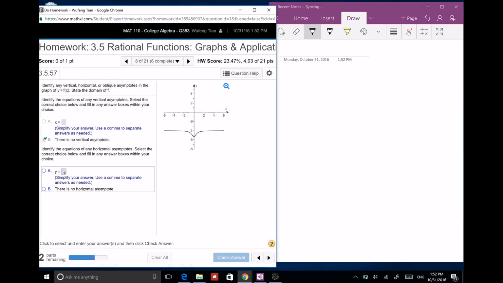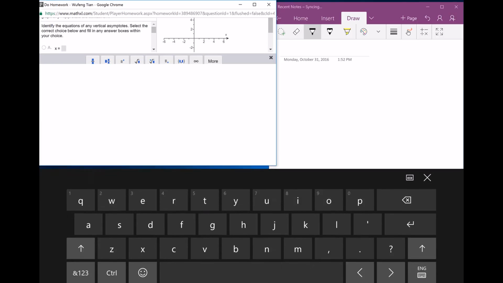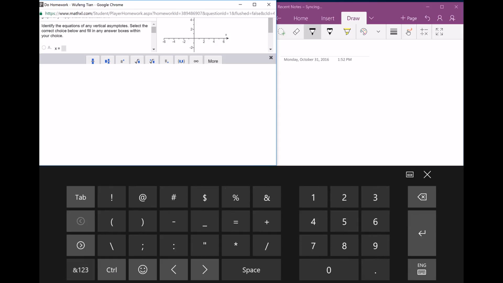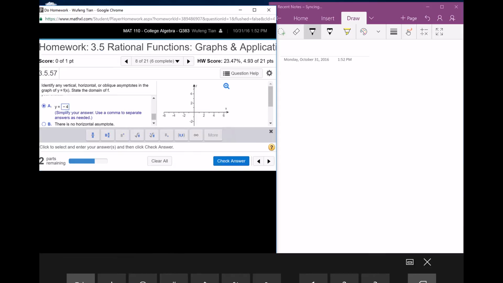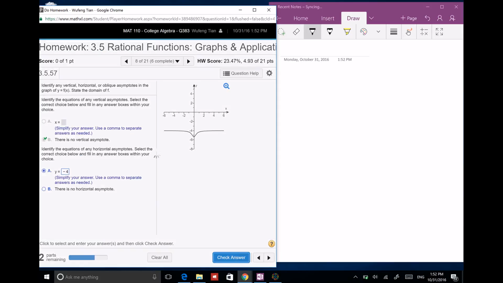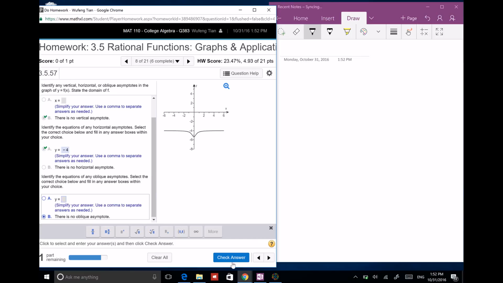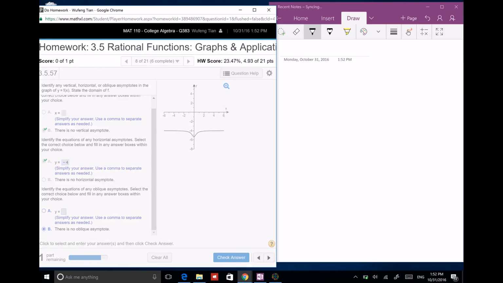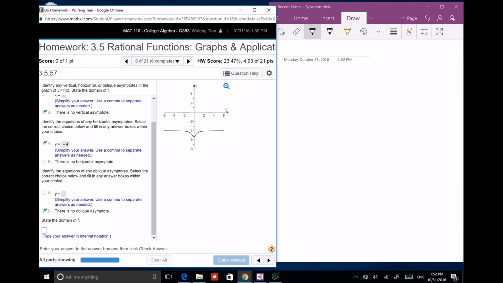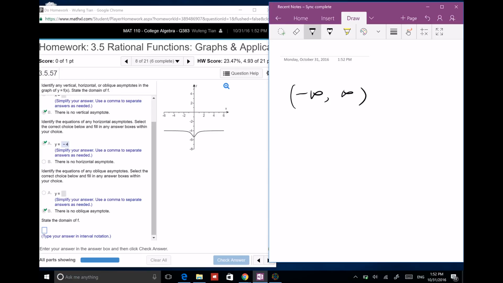The horizontal asymptote is y equals negative 4, because you look at the picture and you can see that negative 4 is the horizontal asymptote. And there's no oblique asymptote. The domain is negative infinity to positive infinity. I will not type it in here because there's no restriction, there's no open circle.